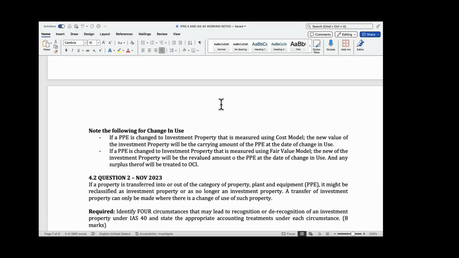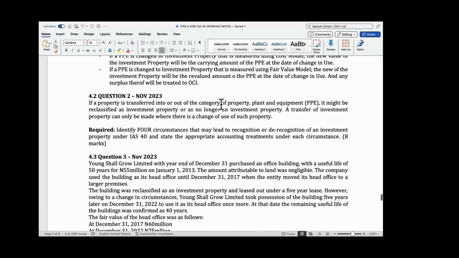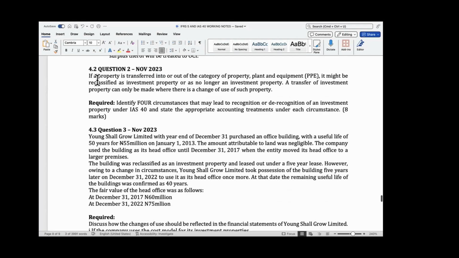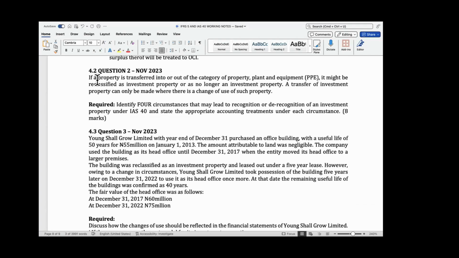You're welcome. So let's look at this question. It was for 8 marks. They said that if a property is transferred into or out of the category of PP, it might be reclassified as investment property or as no longer an investment property.